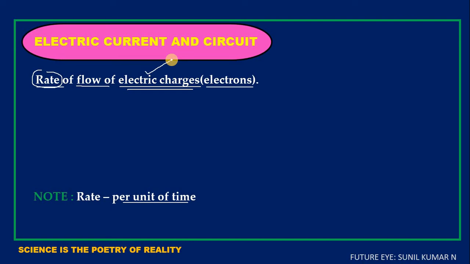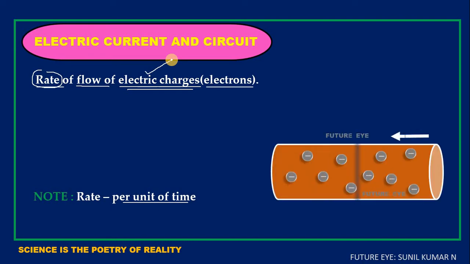To make you understand this in a better way, let me take a diagram. Here I have taken a copper wire. A copper wire will be very thin, but to make you understand, I have taken an expanded form. You know that inside a copper wire there will be free electrons, and all free electrons I have marked like this.